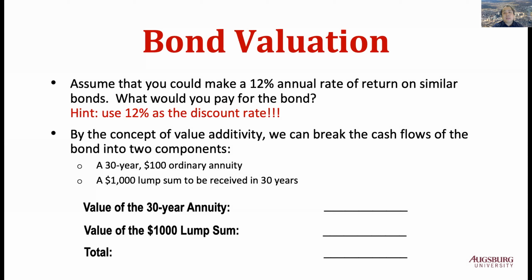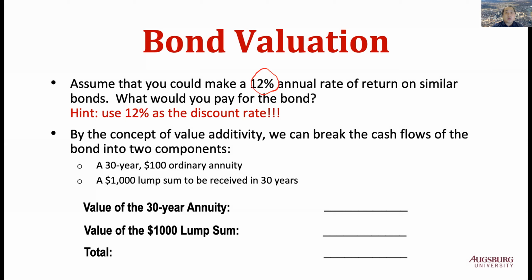So back to the example we saw, assume that you could make a 12% annual return on similar bonds. What would you pay for the bond? What should the discount rate be?